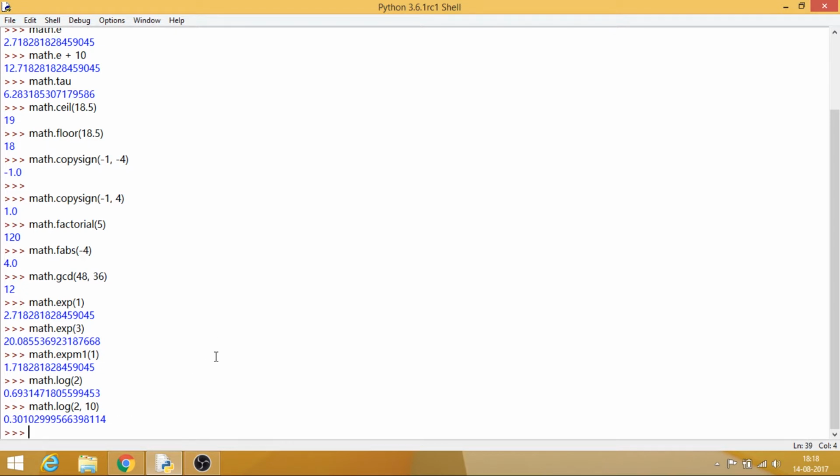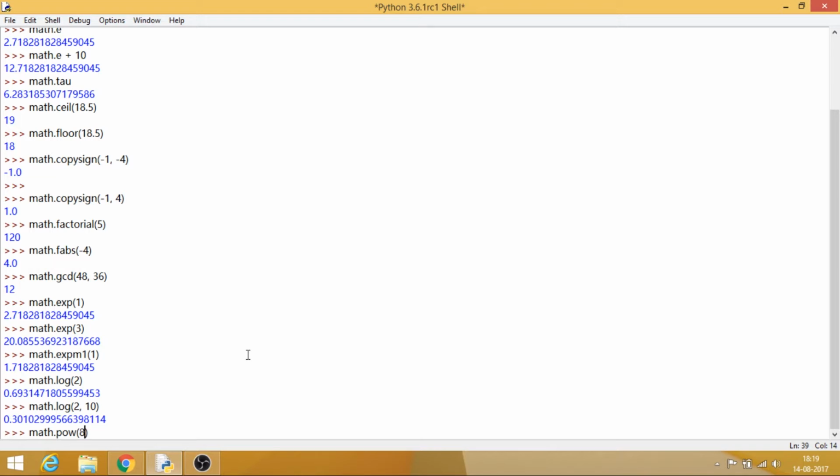Now next I would like to discuss something known as power. In my previous examples you would have seen something like this, where I multiplied 8 to the power 3. Instead of doing this, you can also do it with math.pow, and it takes two parameters x and y, where x is the number and y is the power.